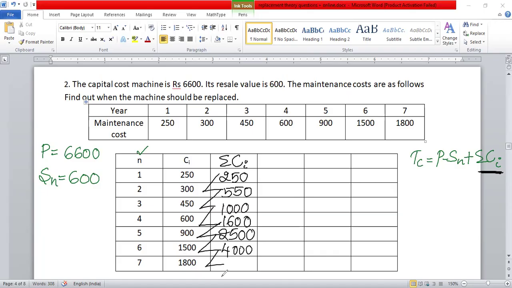So 4,000 plus 1,800 is 5,800. Okay, summation of CI column is finished. Now look at the formula. Now we want to do P minus S of N. Okay, P minus S of N.